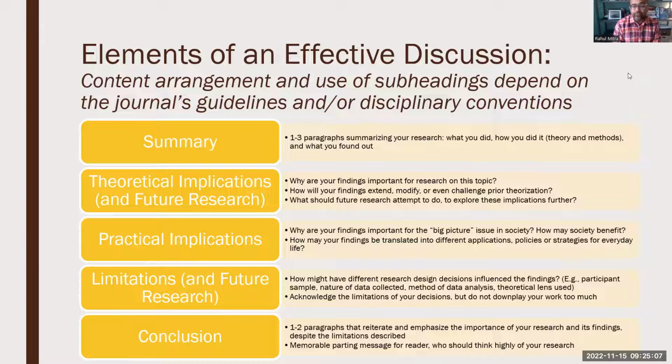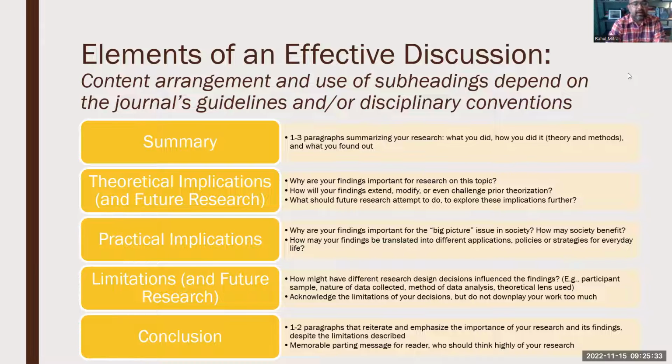Your work is useful and important, and maybe at the end, you end with a sentence saying, despite these limitations, again underlining the importance of this work. Maybe it's a new context or a new extension of the research, or a new method that is obviously far from perfect, but it is still important, and you want to emphasize that.